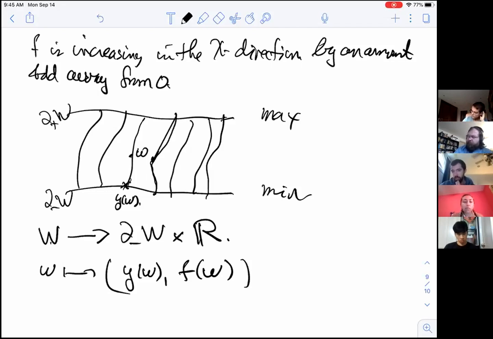It's easily seen that this map is an injection.